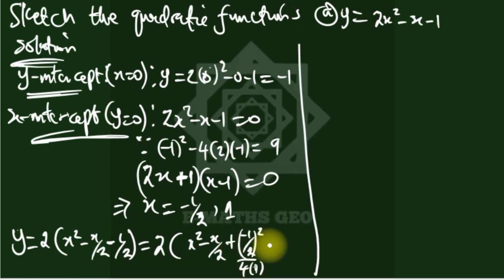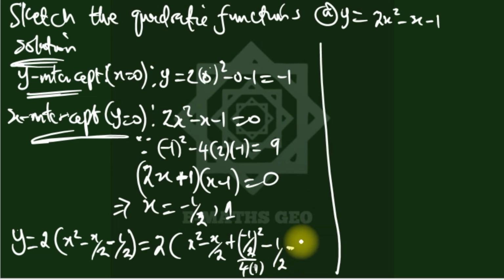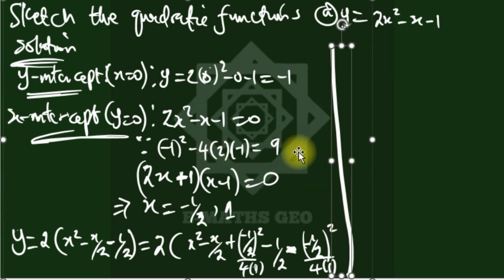But I need to counter it, so we need to subtract back minus 1 over 2 all squared over 4 times 1. So I had to subtract so that I will get back to the original equation. So that's it.